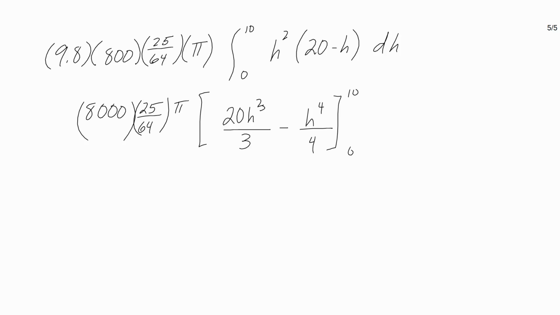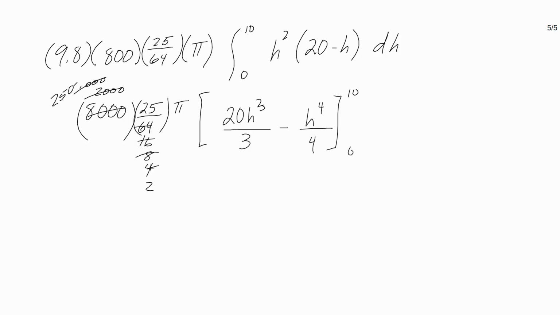Let's see, 4 will go in here 16 times, and 4 will go in there 2,000 times. I'm trying to do this without a calculator, so y'all just bear with me. 8,000, 4, 250. Be quiet, I'm trying to do something right now.